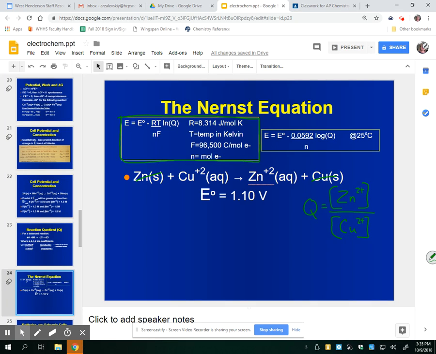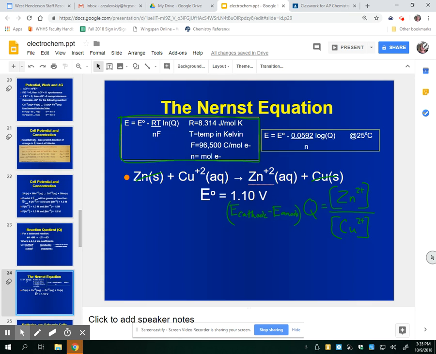So this is Q for this particular reaction. I've also calculated my standard cell potential from my cathode minus anode using those standard reduction tables. That's stuff we've practiced before, and that's how I got that 1.10 volts there. All right, so now let's look at the Nernst equation.